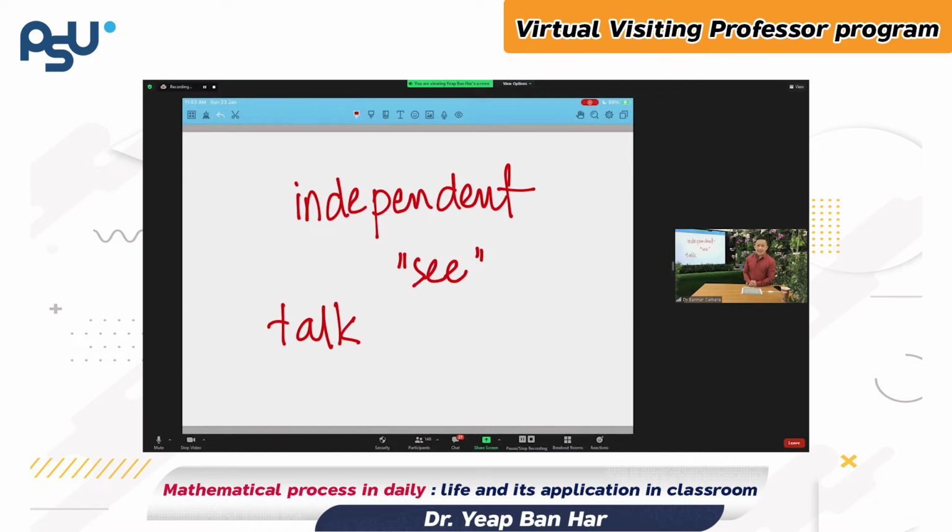I hope you do this every day. I hope you don't do this only once a year or during the project. If you do this only during the project, the effect will not be seen. If you do the open approach every day, your students will become independent.